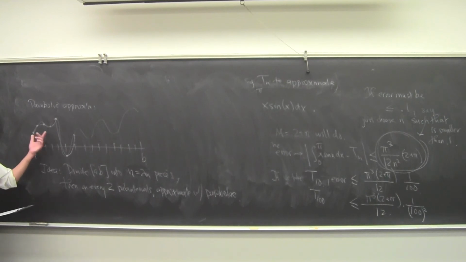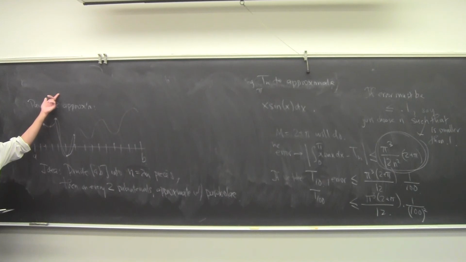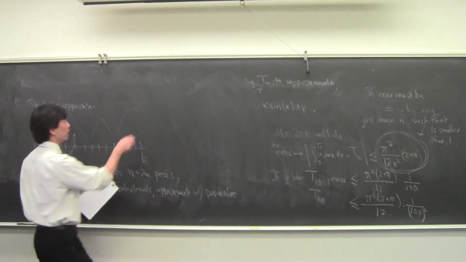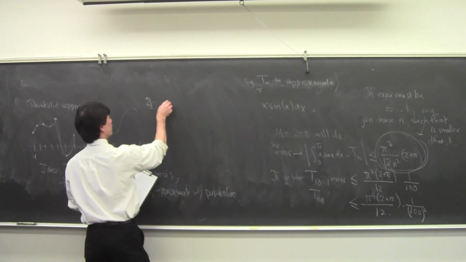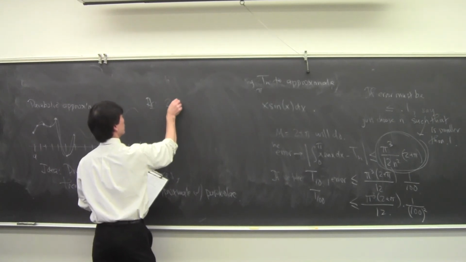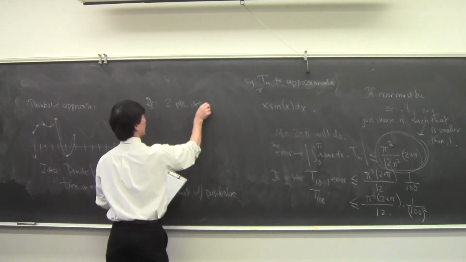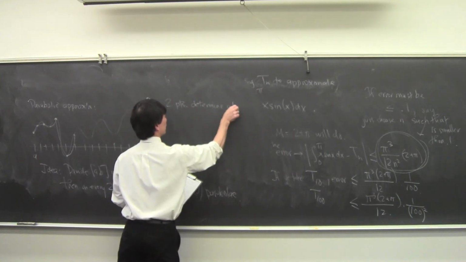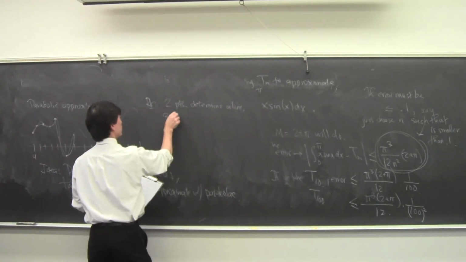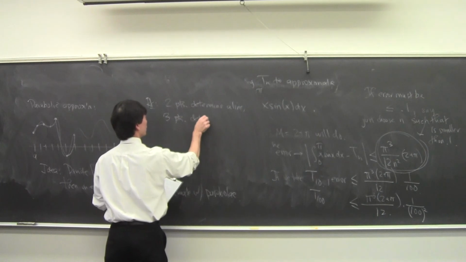The point is that previously we did it with just one interval. Just as 2 points determine a line, 3 points determine a parabola.